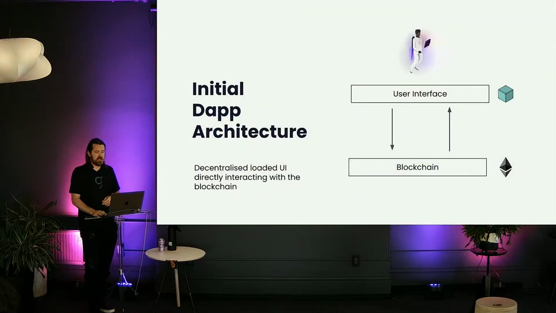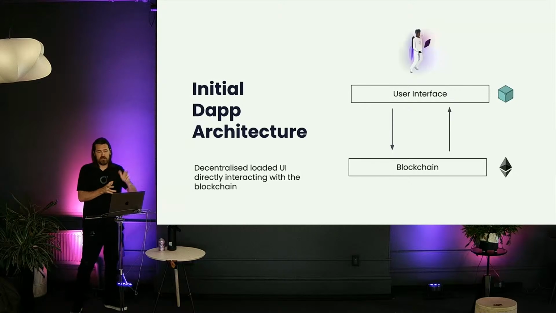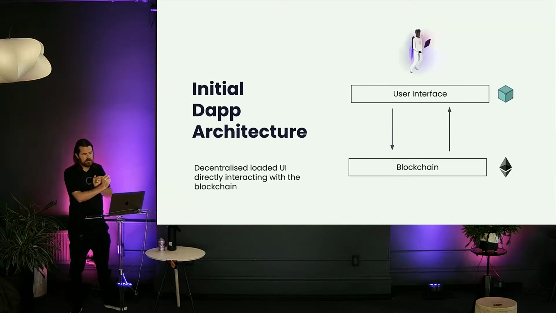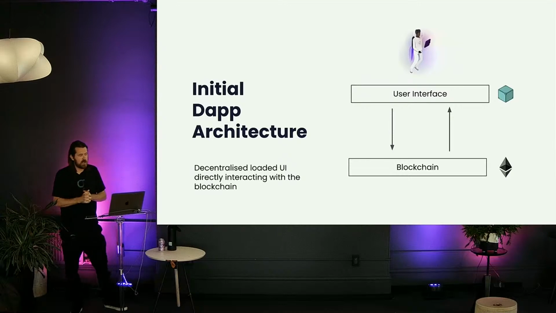We also have this issue where the initial architecture for a dApp is to have a user interface where you have your front end like HTML, JavaScript, CSS, stuff like that. And then you deploy your smart contract or your business logic in your application on the blockchain.